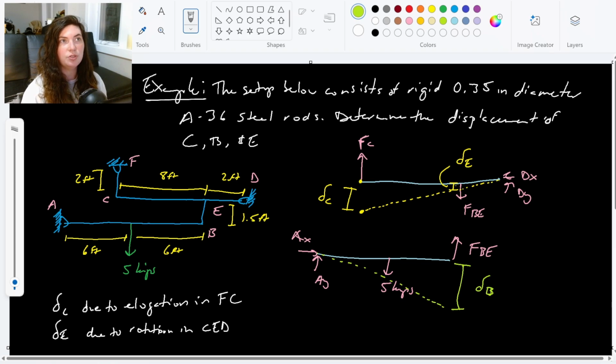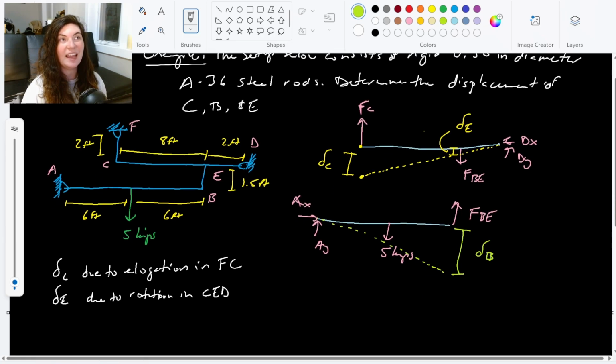It's also due to the fact that this FBE is getting longer. So it's due to the fact that there's a rotation and because FBE is getting longer. And because of this rotation in this top one as well.